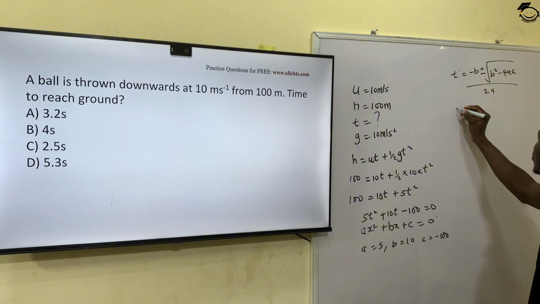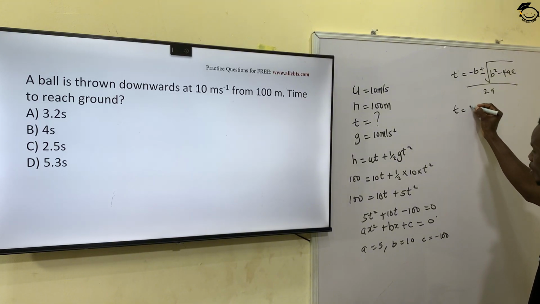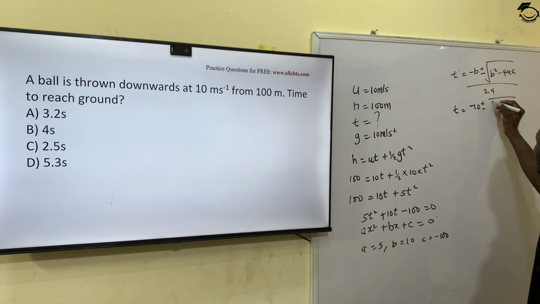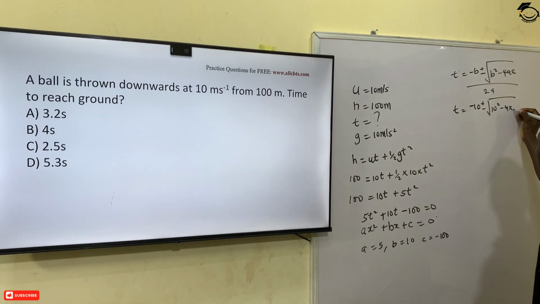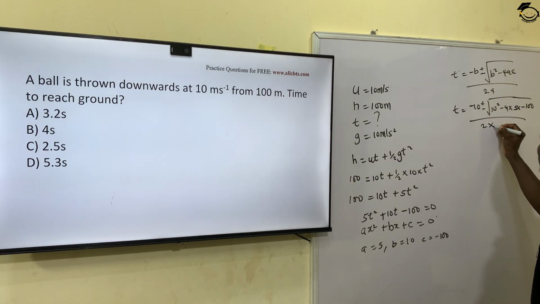So with this, we know that t therefore will be equal to minus 10 plus or minus square root of 10 squared minus 4 times a, which is 5, times minus 100, divided by 2 times 5.